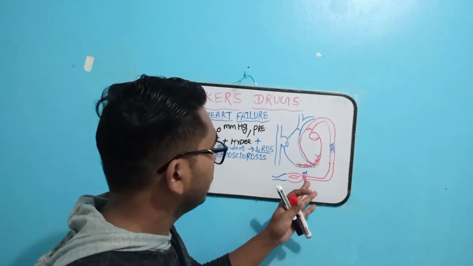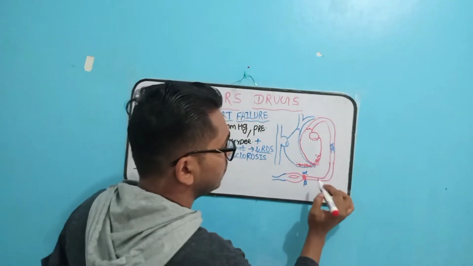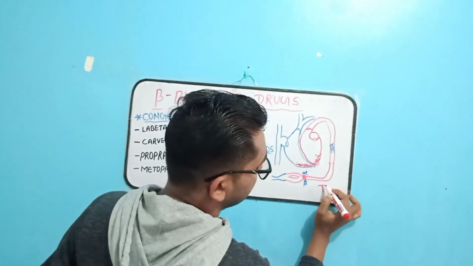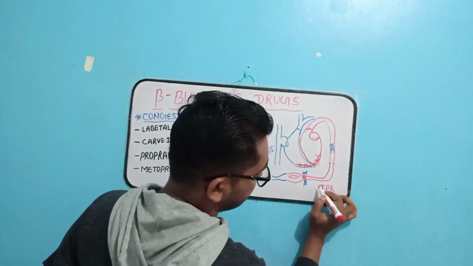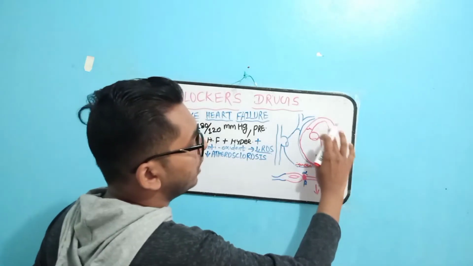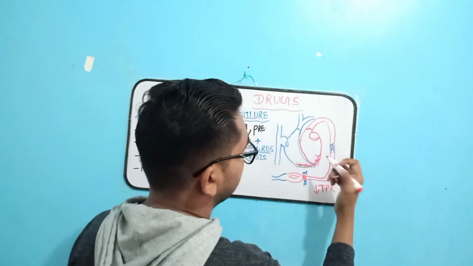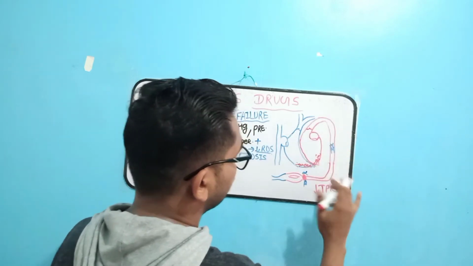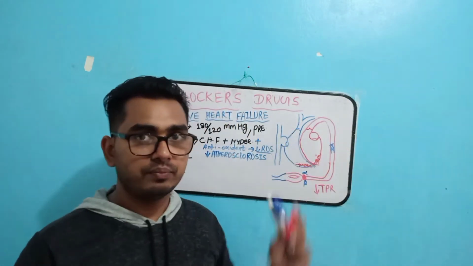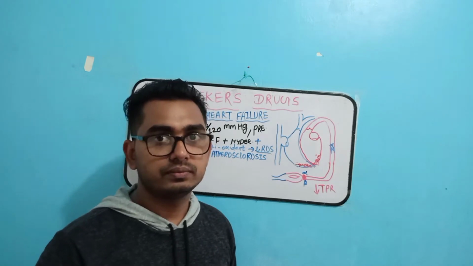And when the blood vessel gets dilated, the total peripheral resistance gets reduced, so blood can pass easily, and the afterload gets reduced, because the blood can flow easily.